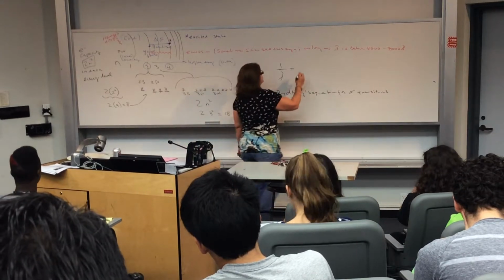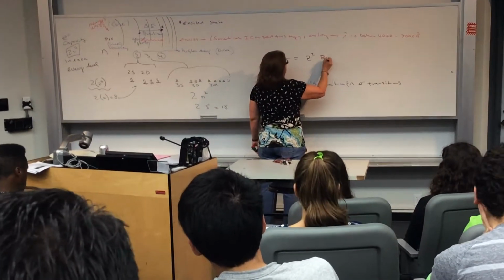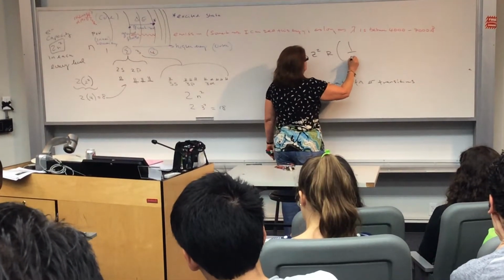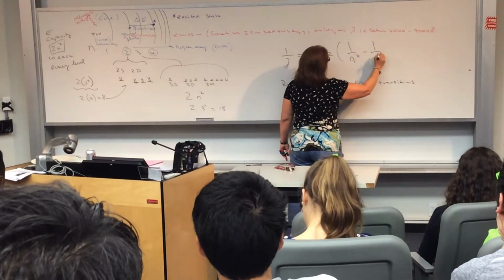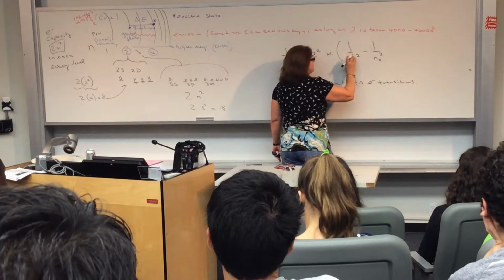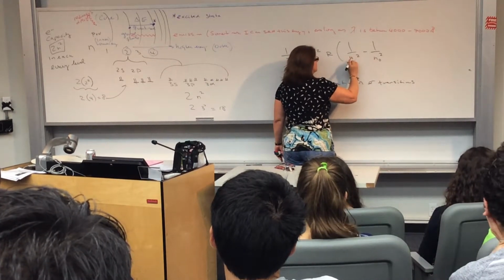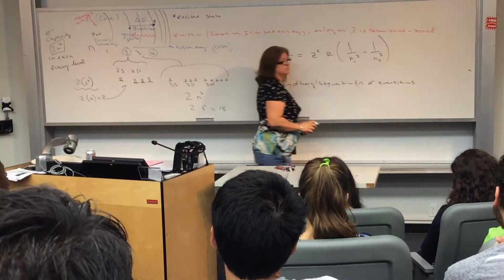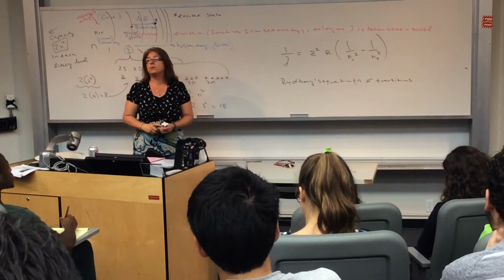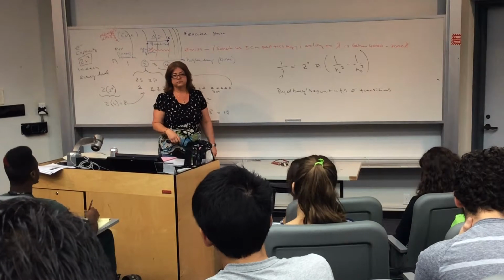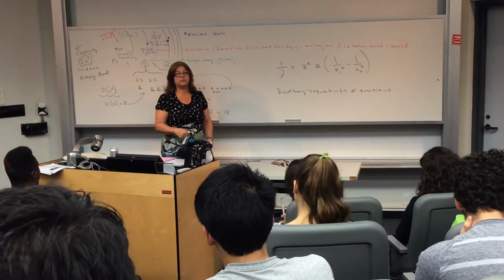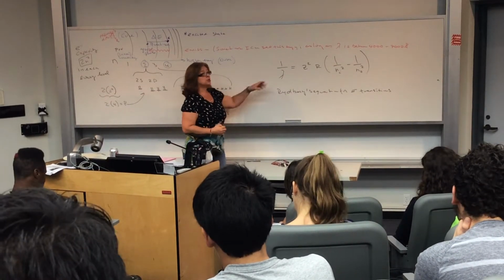Rydberg's equation equals Z squared times R times 1 over the inner squared minus 1 over the outer squared. What? And please remember it as soon as possible. I don't know what to tell you. Just try to remember it as soon as possible.